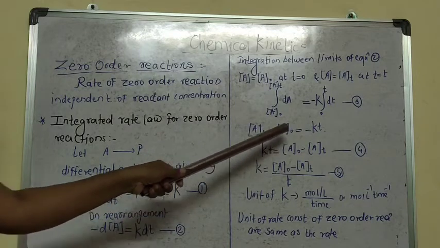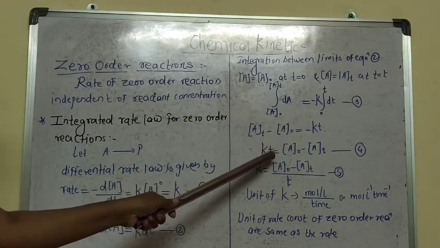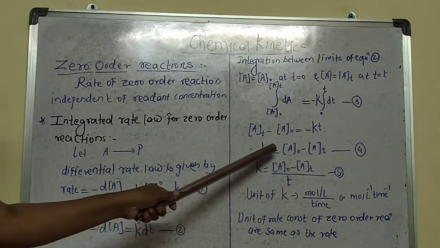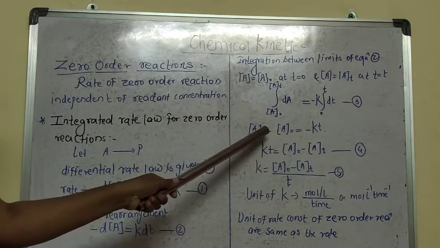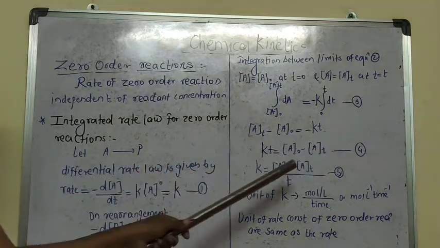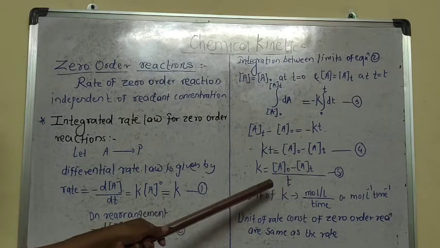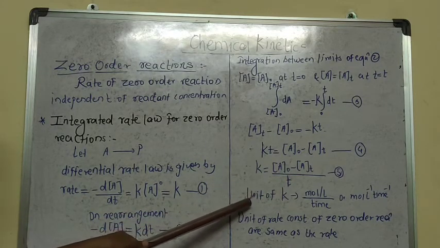Taking kt to this side, we write kt equal to A0 minus At, equation 4. So k equal to A0 minus At upon t. Now we write the unit for k.